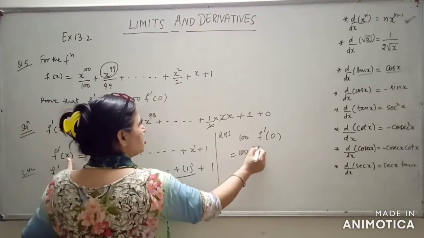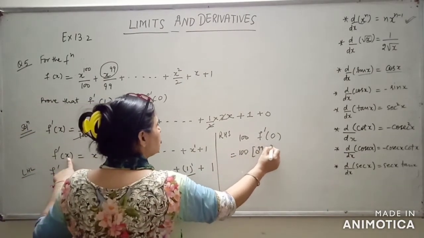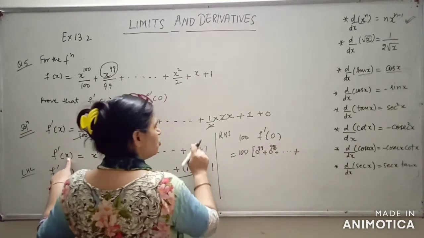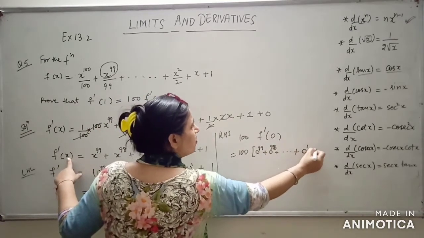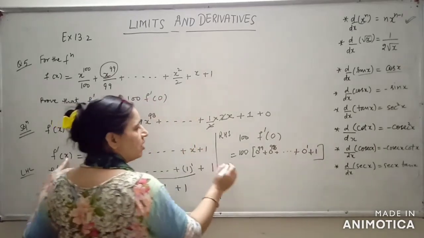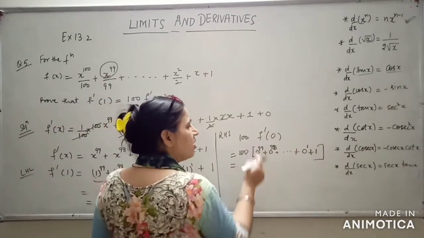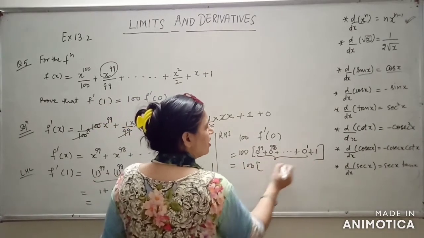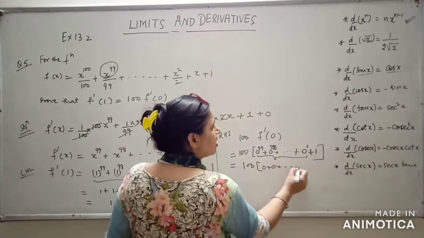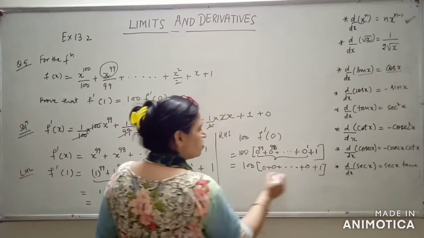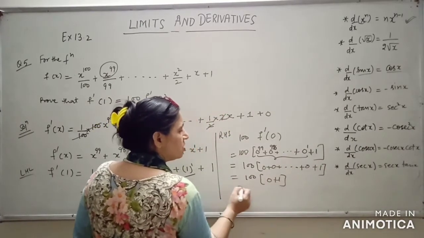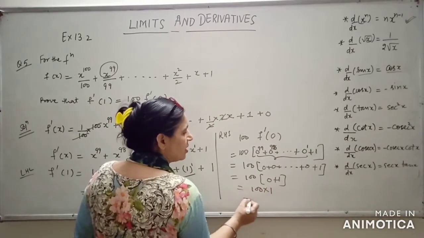So this is 0 raised to power 99 plus 0 raised to power 98 up to 0 raised to power 1 plus 1, the last one. Because we know 0 having any power means 0. So it is 100 times, from here to here, 0 plus 0 plus 0 plus 0 plus 1. So this is 0 plus 1, so this is 100 into 1, which is 100.